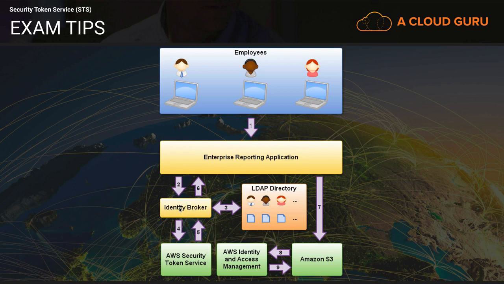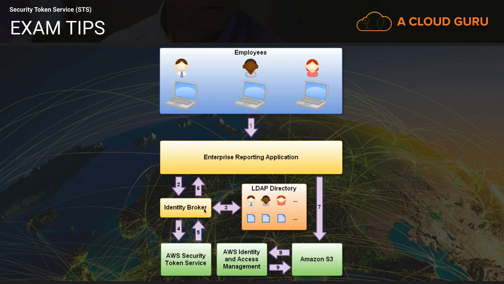The identity broker takes their usernames and passwords, sends this to LDAP and compares against Active Directory. It could also be comparing this against Facebook, Amazon, LinkedIn, Google, or any OAuth provider. But in this example, it's Active Directory.